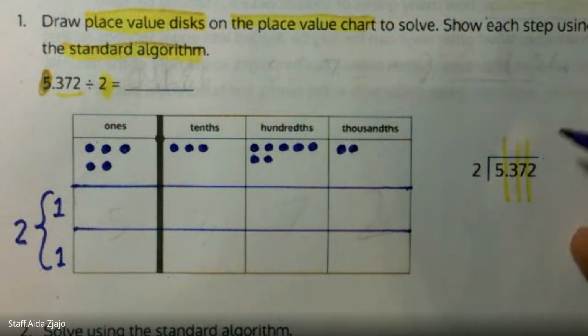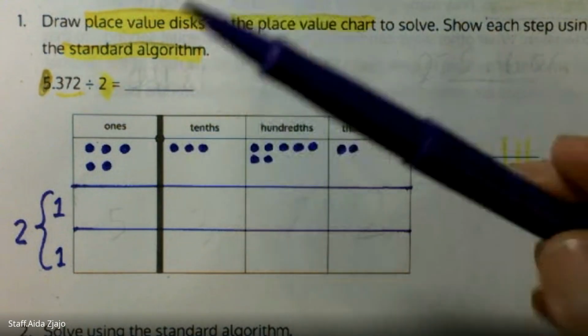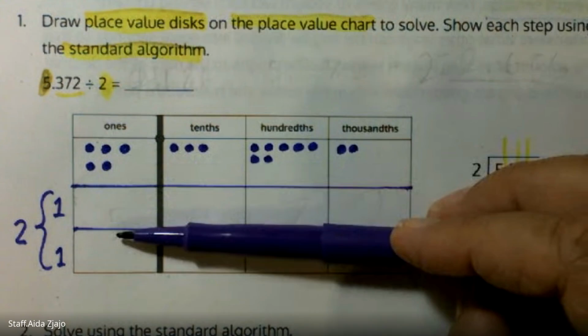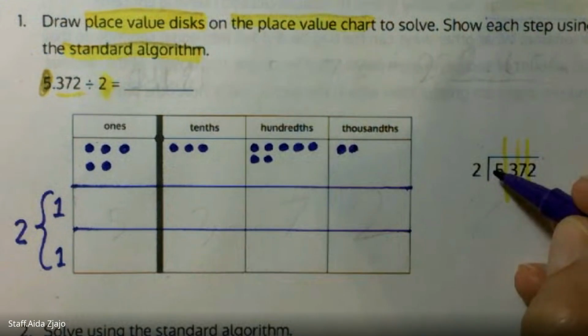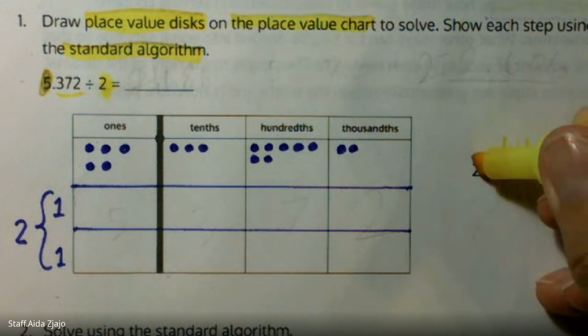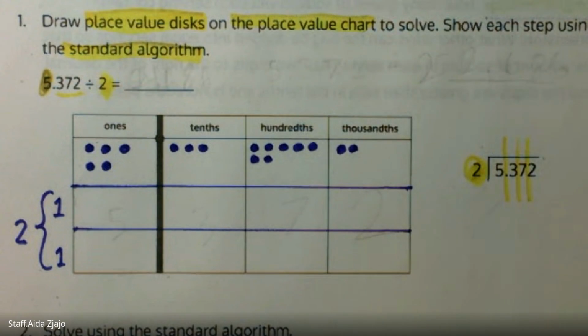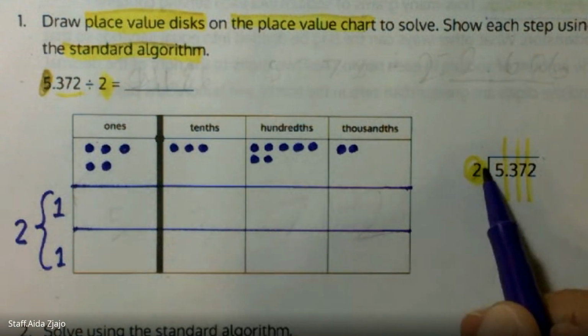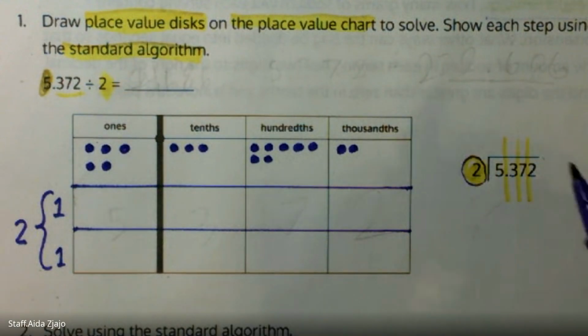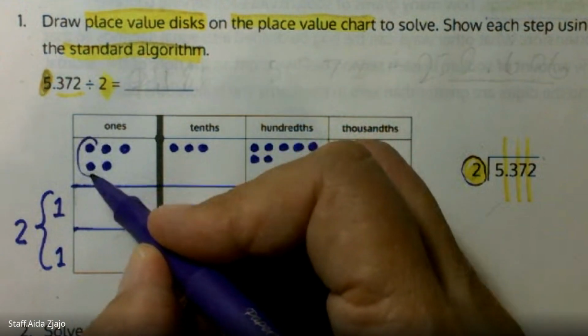So we're going to start with the ones. We have 5 ones. If you look here in the standard algorithm, the divisor is 2, and you have 5: 1, 2, 3, 4, 5. How many groups of 2 can you make? This is one group.